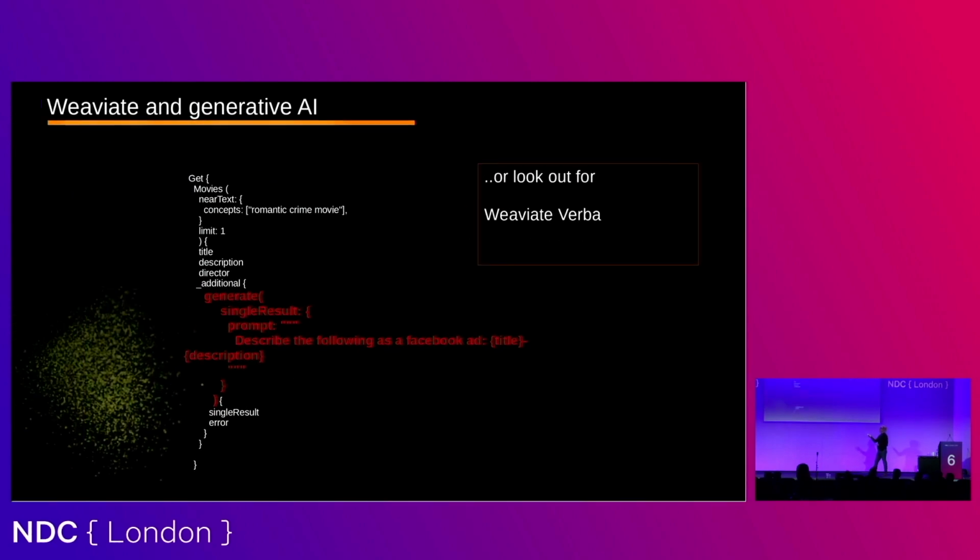There's another thing. They have a GraphQL API for all of you that don't actually like Java. It might be a little bit better to read, but here again, we're doing near text searches looking for similar vectors in the database, and we are interested in one result, and the result we are sending to ChatGPT to answer this prompt that we give it: describe the following Facebook ad.